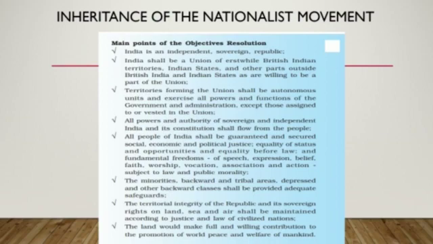That collection of points was called the Objectives Resolution. In another way, we can say the best summary of the principles that the nationalist movement brought to the Constituent Assembly is the Objectives Resolution, meaning the resolution that defined the aim of the assembly.